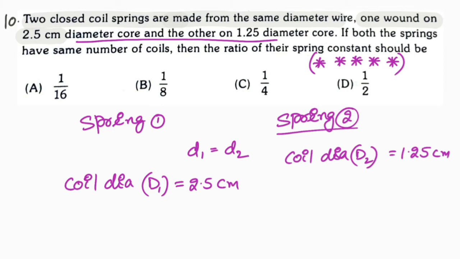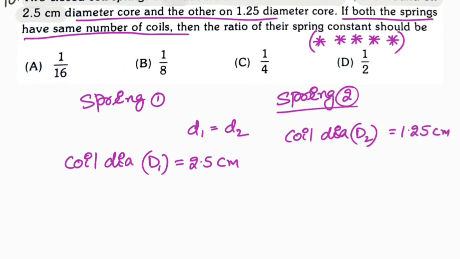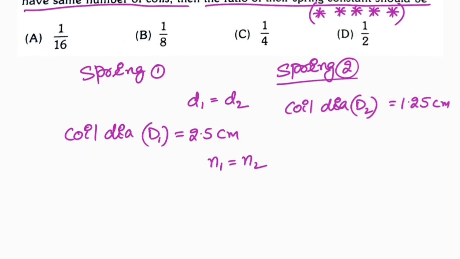If both springs have the same number of turns, N1 equal to N2, then the ratio of spring constants, that is stiffness, K1 by K2, is how much?